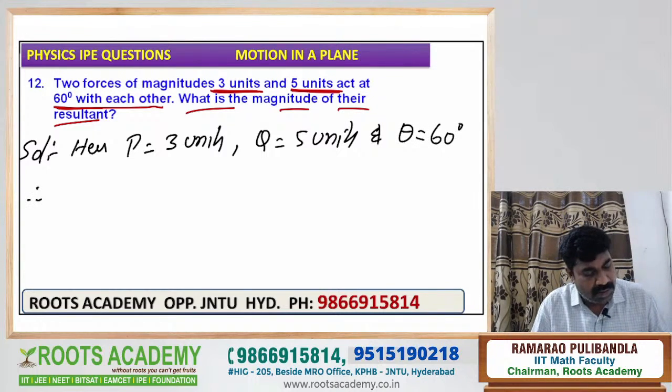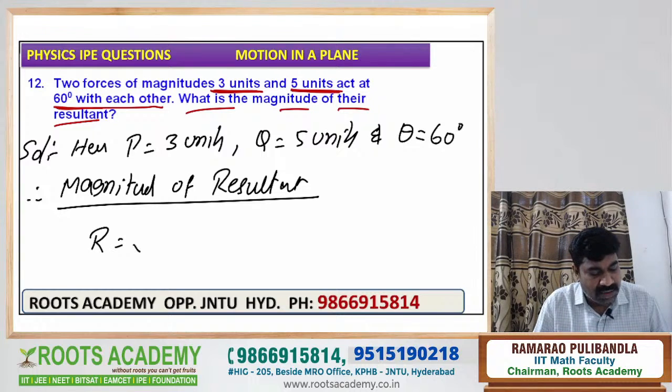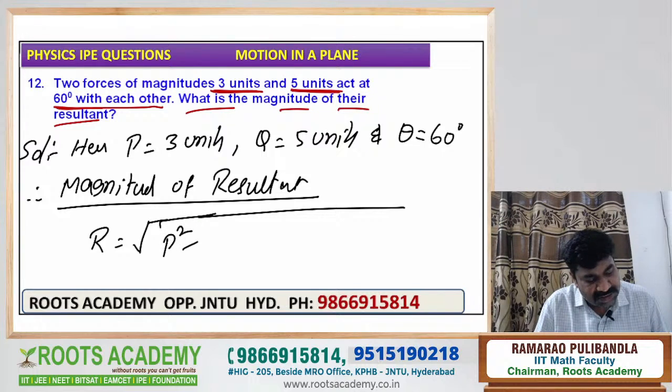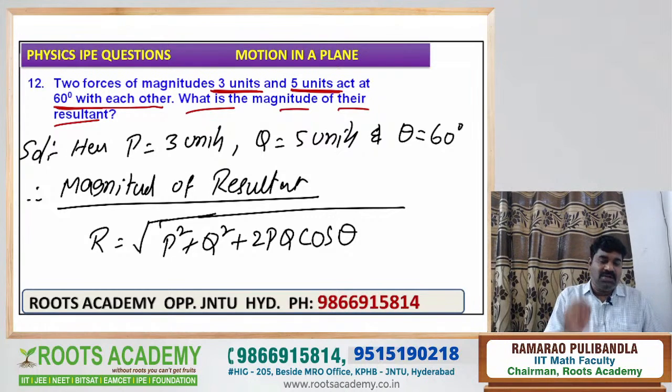Therefore, the magnitude of resultant R is equal to under root of P square plus Q square plus 2PQ cos theta.